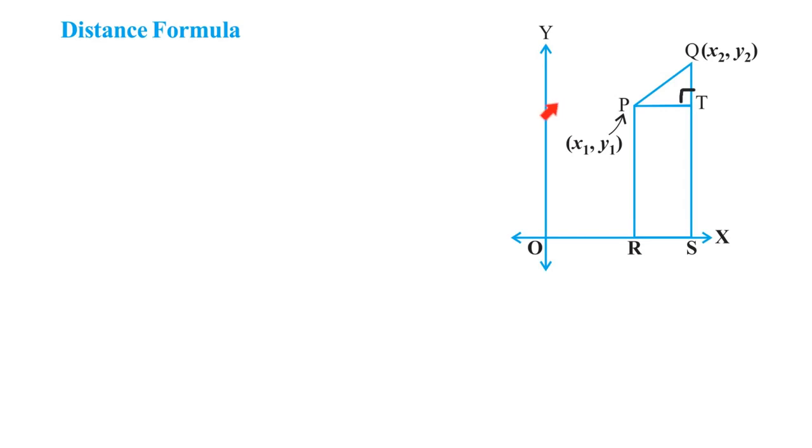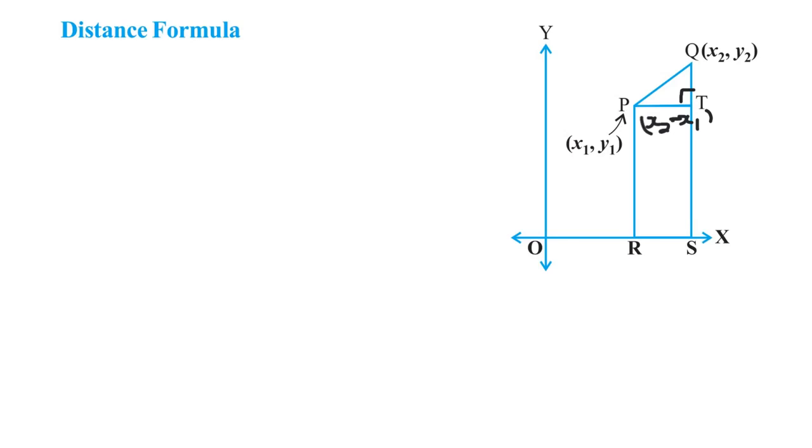From here to here is x1, and from here to here is x2. So PT is going to be x2 minus x1.